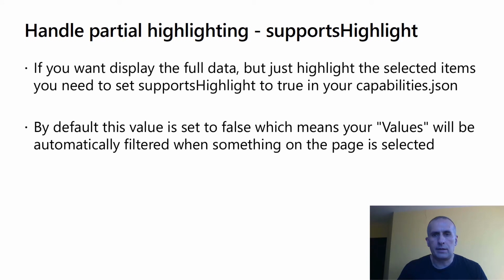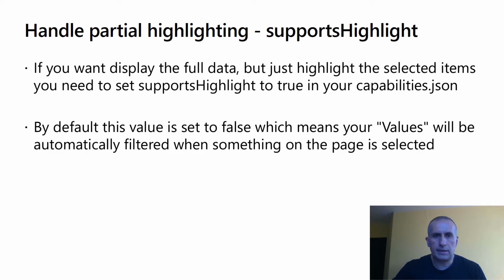Another important part is how to implement highlighting. Highlighting is functionality where you can interactively, by selection or via other rules, highlight part of our visual, part of the data which is related to this visual, and we can do this exactly in the capabilities file also.